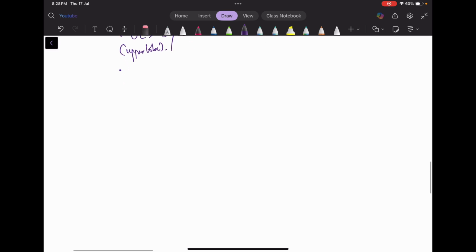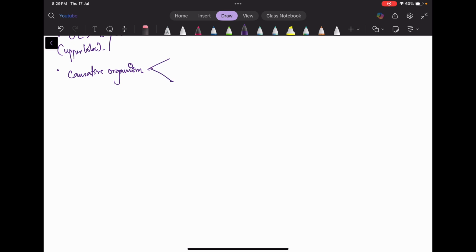Then if there is some infection running around, we should have some organisms, right? So what are the causative organisms? In children, the big father, Staph aureus.